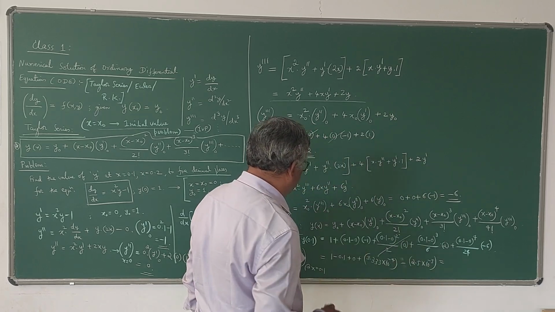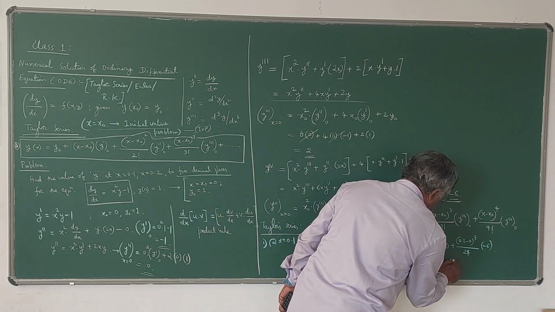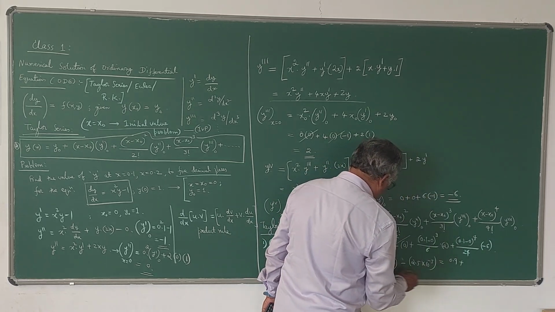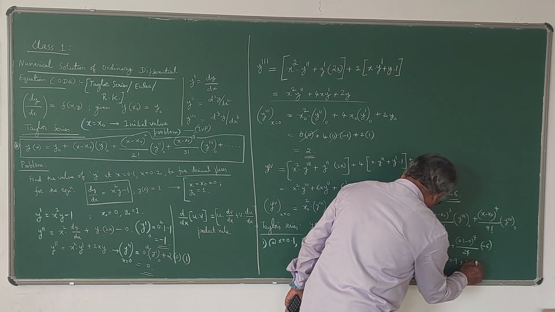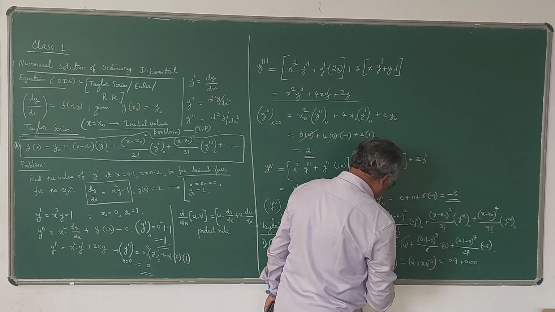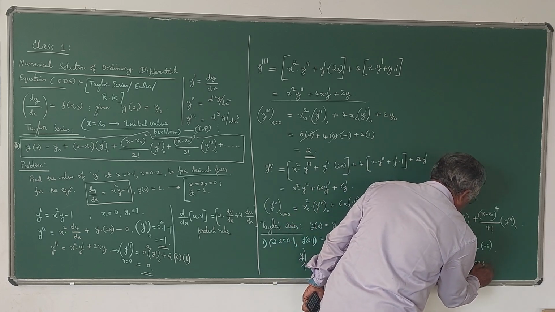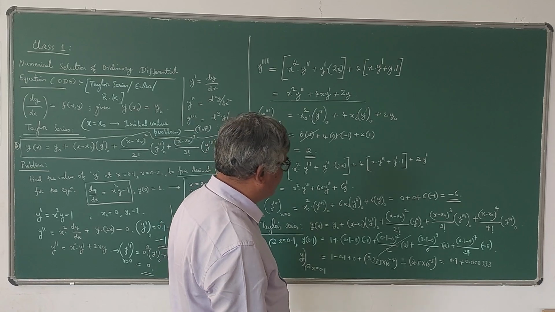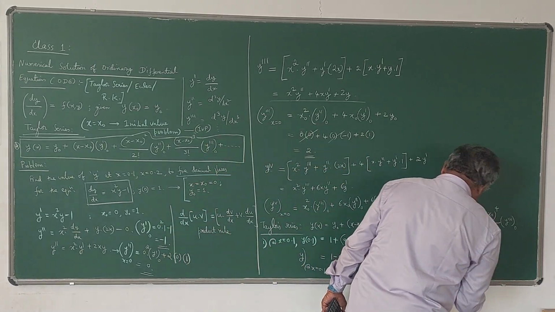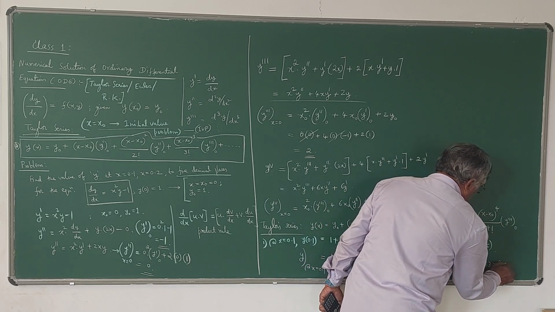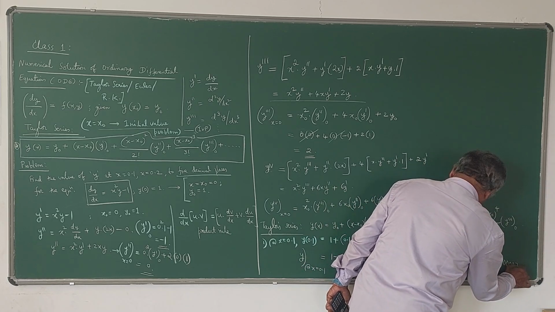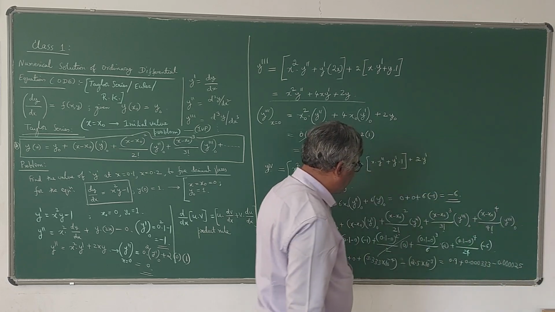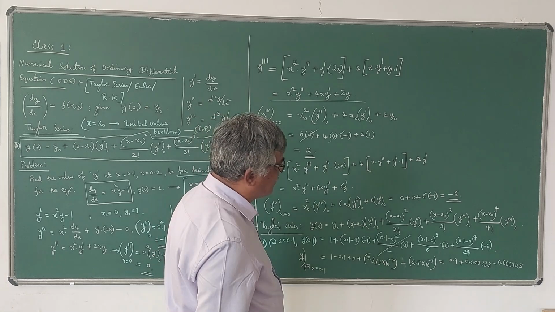Now if you simplify this, 1 minus 0.1 is 0.9. 0.9 plus this I can write in decimal form, 0.000333, minus this in decimal form, 0.000025, which is the same as 2.5 into 10 power minus 5.